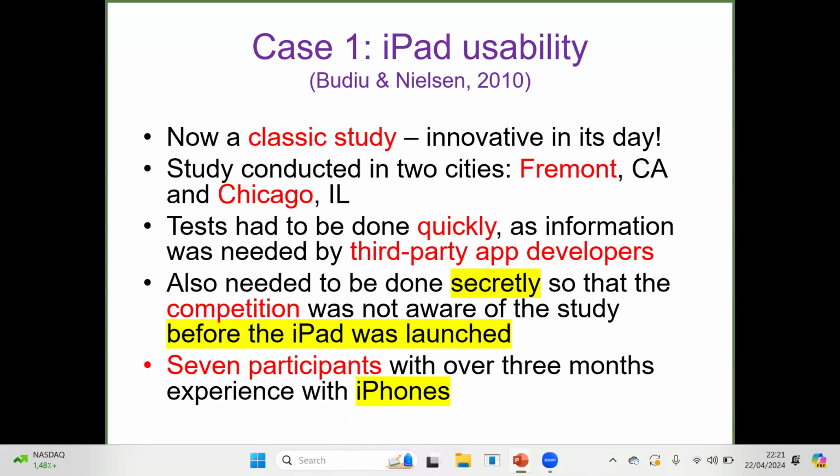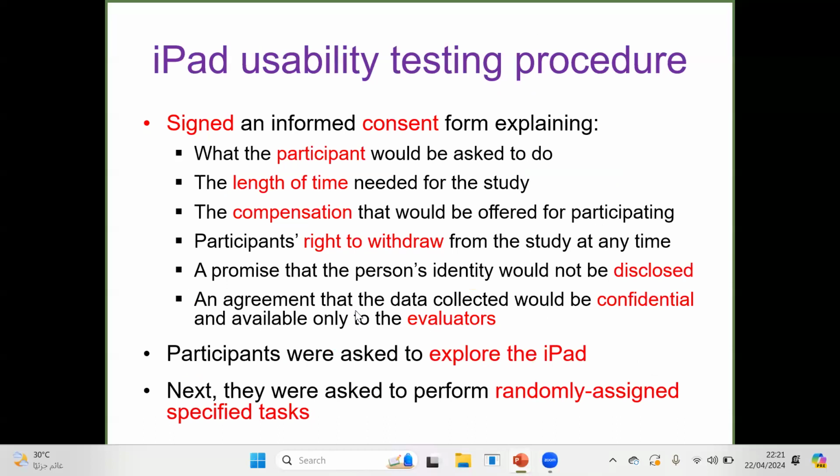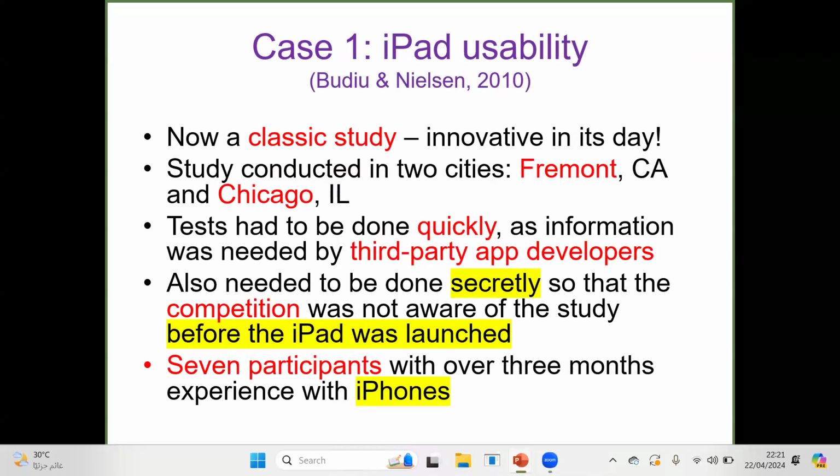So there are high chances that confidential information about your digital product can be stolen or revealed even before it is launched. Hence, confidentiality is very important. You see in this case study, the information was kept secret so that the competition should not get awareness of the study before the iPad was launched.